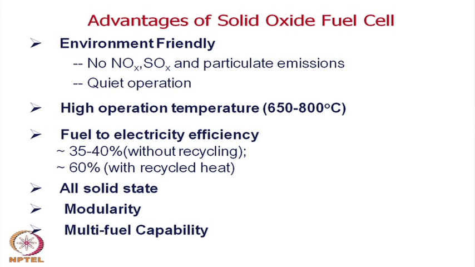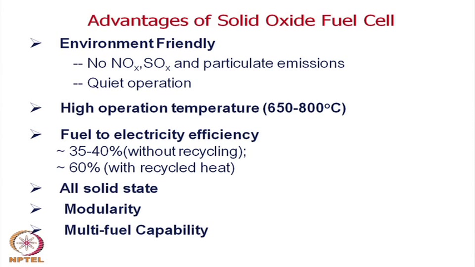It operates at a fairly high temperature. So, hydrocarbons can be used in this case, and a large number of experiments have been carried out with natural gas, which contains different kinds of hydrocarbons, and there is what they call in situ reforming at the anode side or the fuel side.